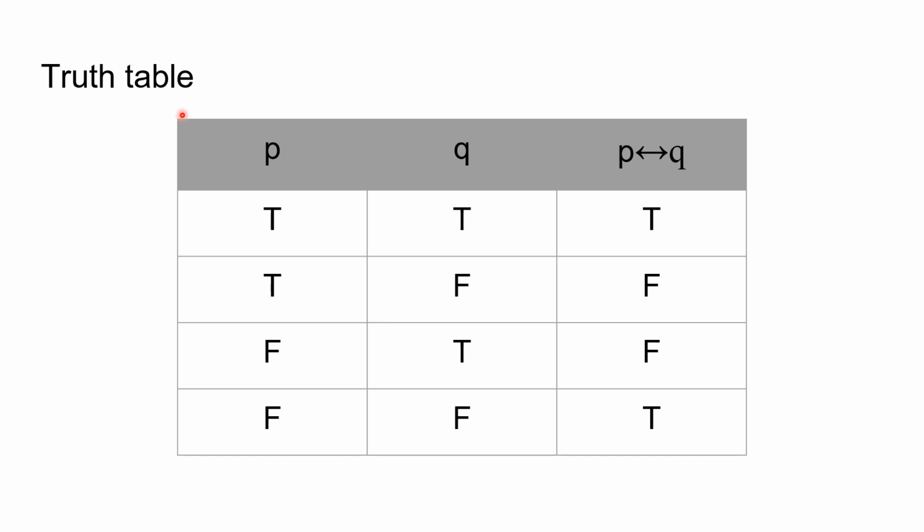See the truth table. You will find that if P and Q, the two propositions, are the same, its result will be true. Don't you think it is similar to the operator we introduced? That's right. It's exclusive OR.